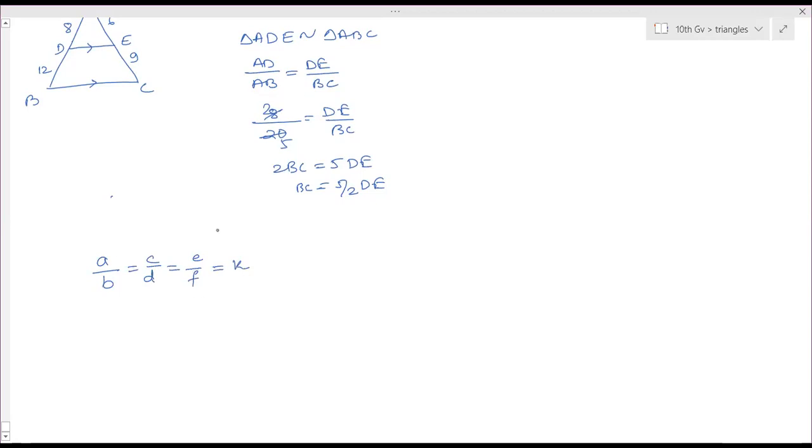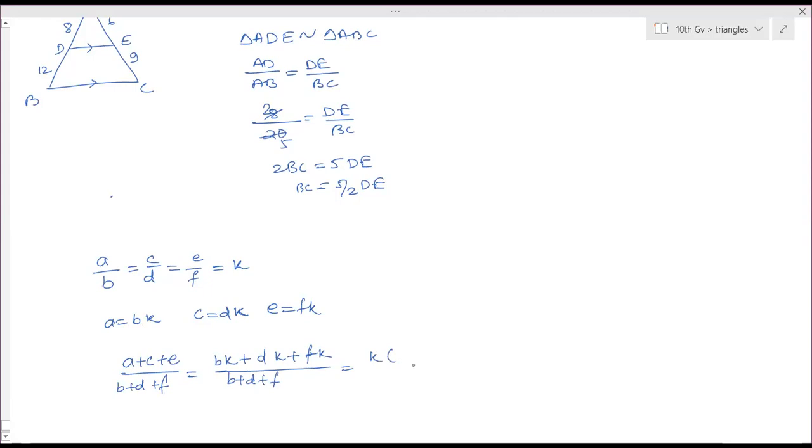Consider that ratio as K. So A is equal to BK, C is equal to DK, and E is equal to F into K. Then the ratio of A plus C plus E by B plus D plus F is equal to B into K plus D into K plus F into K divided by B plus D plus F. Take K common.